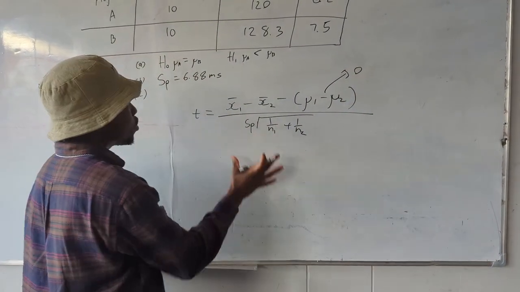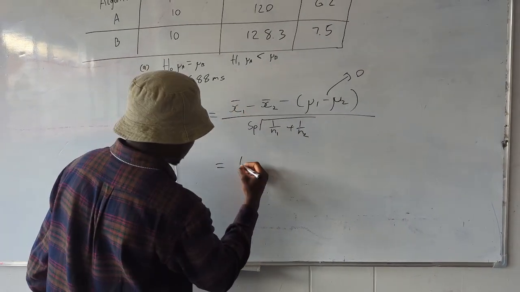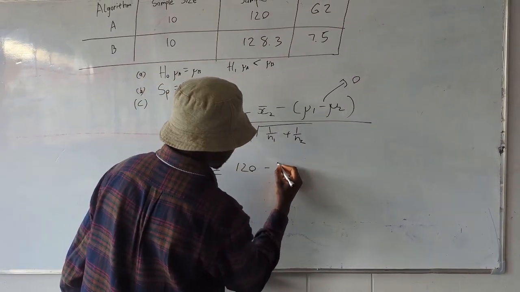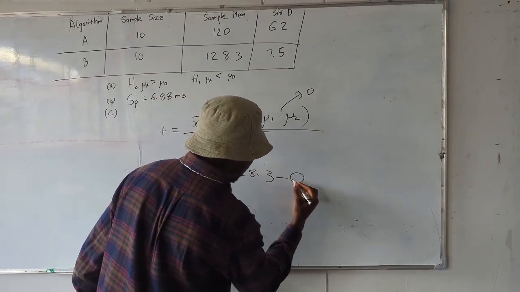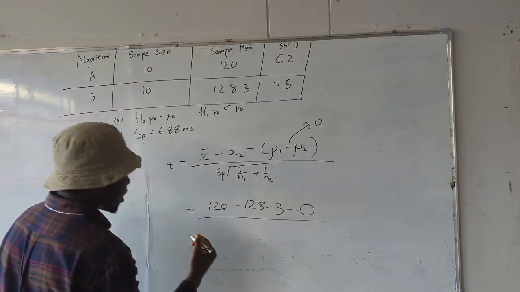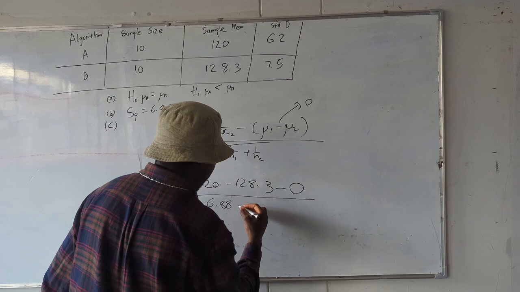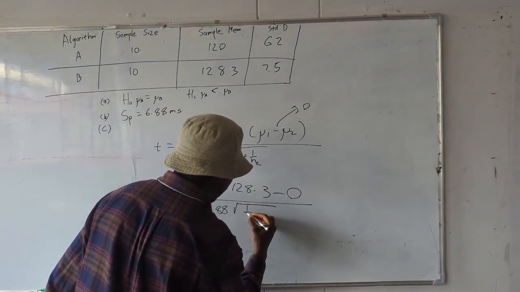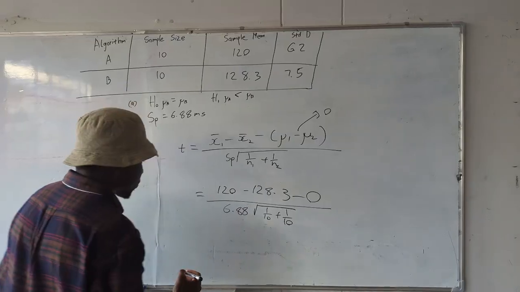So let's replace my values here to find the t statistic. X1 is 120 minus 128.3, minus 0, over Sp, our pooled standard deviation, which is 6.88, multiplied by the square root of 1 over 10 plus 1 over 10.